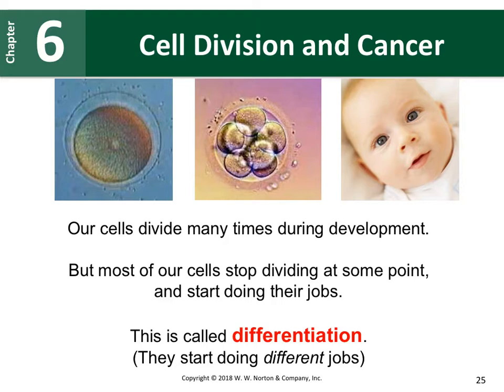First of all, we have cell division, and one of the things that cells do when they divide is differentiate. So let's say you have a zygote. Anybody know what a zygote is? That's when the sperm and the egg are together. Fertilized egg, exactly. So a zygote is diploid.